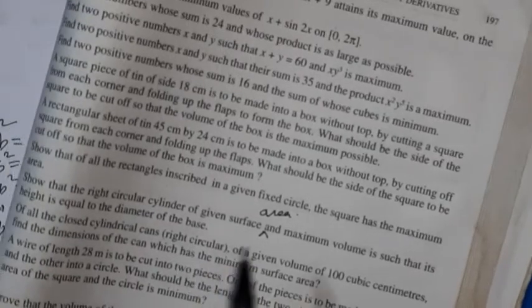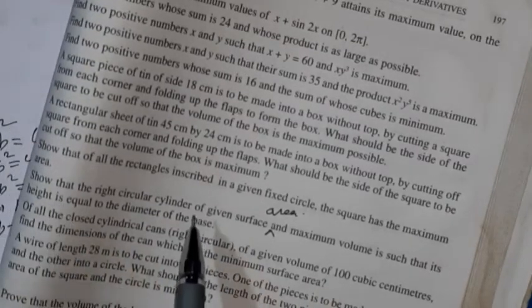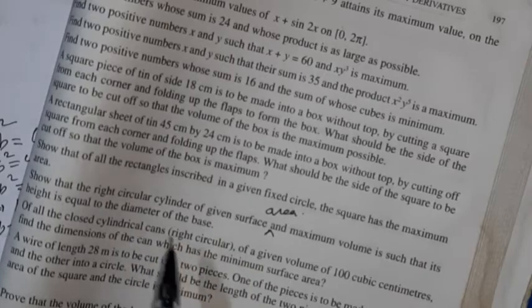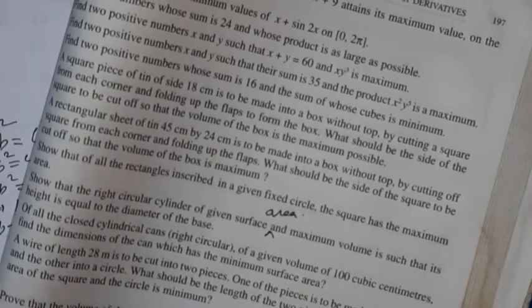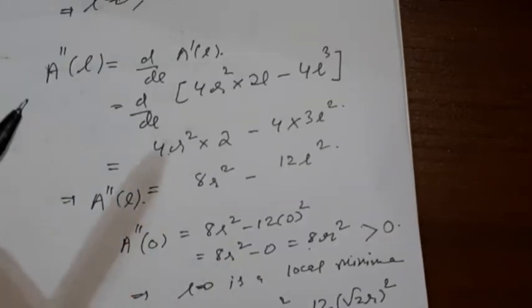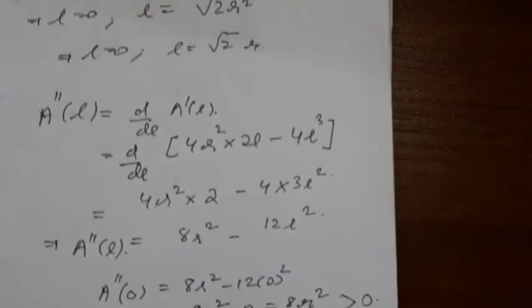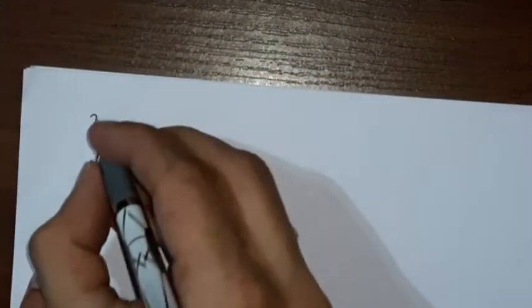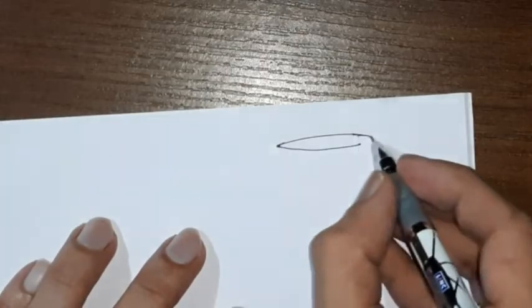So we have to show that the height of this right circular cylinder is equal to the diameter of the base. Now let us see how to solve. A right circular cylinder is like this.